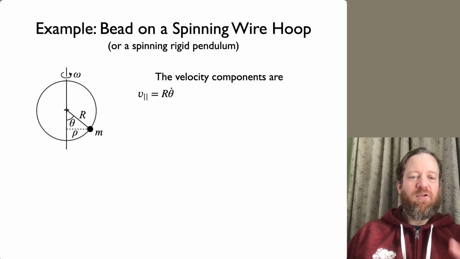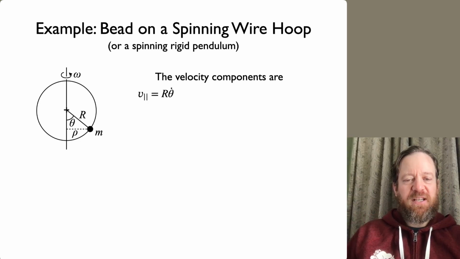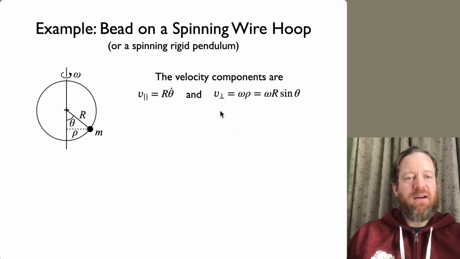Of course, our hoop is rotating round and round, and so we're going to have a perpendicular component, which will be into or out of the page. That perpendicular component, which we will write down as v perpendicular, is just going to equal the angular speed, omega, times this particular radius, rho.